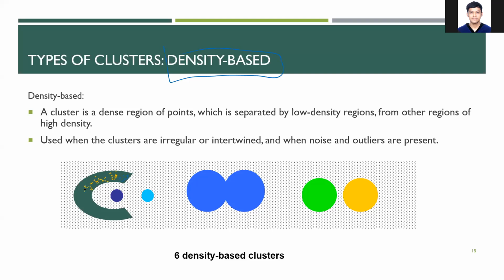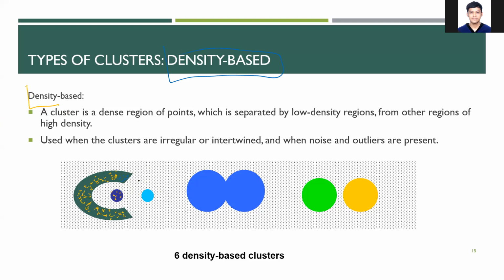That's why the cluster shape is just like this, because they read the density of the data. So in this clustering, we consider not only the distance between data points, but also density.